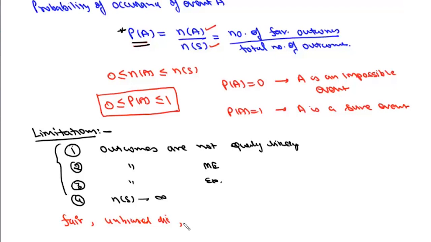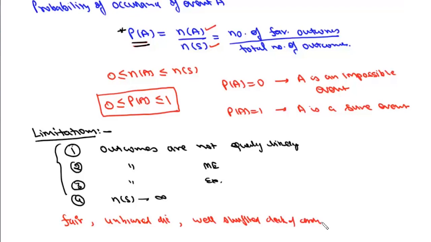In the case of cards, it'll say we have a well shuffled deck of cards. When it says well shuffled, that means the cards are not being set and any combination of cards is equally likely. So with the use of such terminology, we'll be able to use the classical definition of probability in most of the cases.